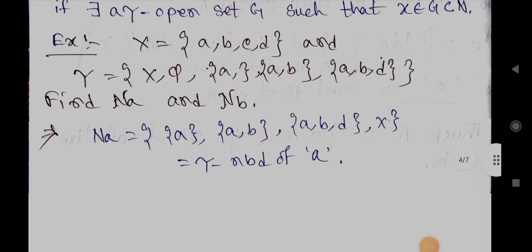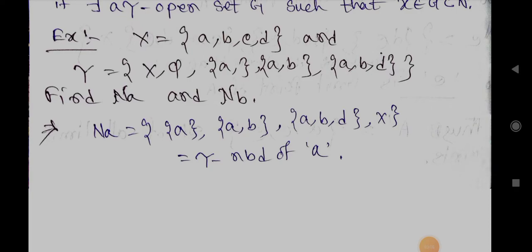Here is an example. X = {A, B, C, D} and τ = {X, φ, {A}, {A, B}, {A, B, D}}. Find NA and NB.